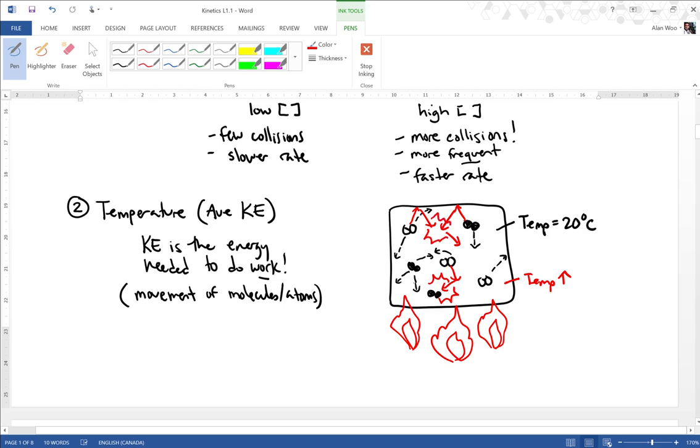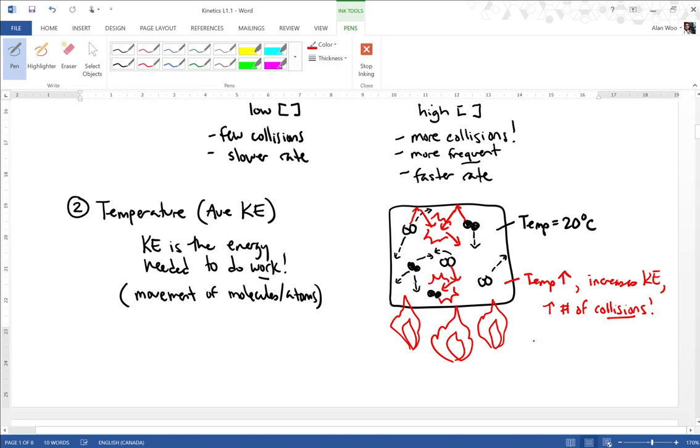So increasing temperature, in a way, increases kinetic energy, which in turn increases the number of collisions that we have. The more collisions that we have, the more products that can be formed.